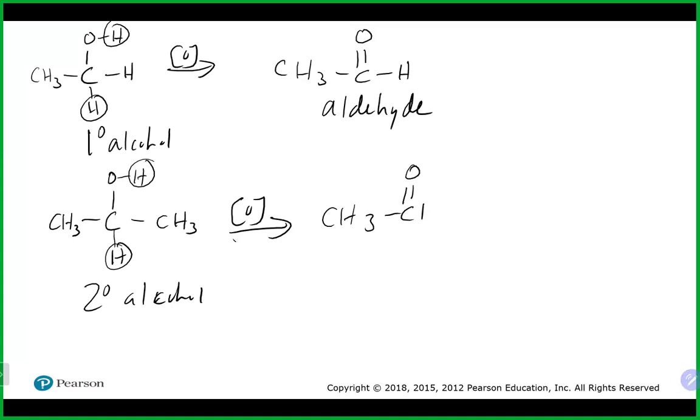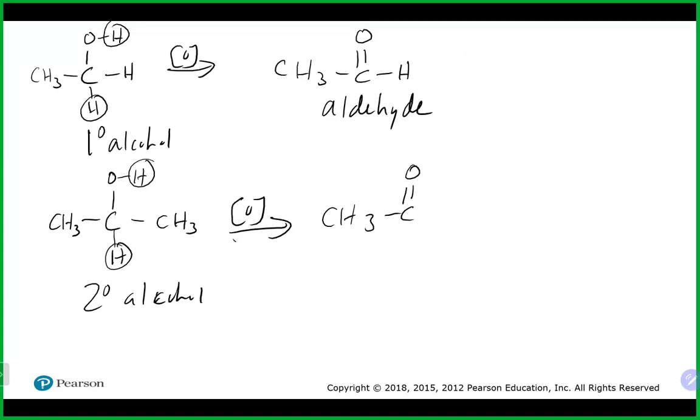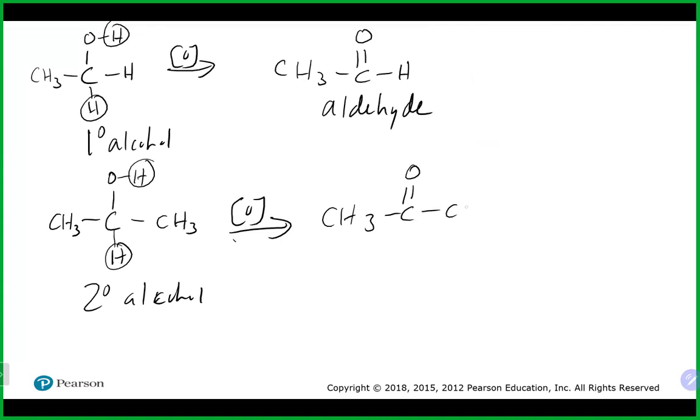And not a weird line that just came there that shouldn't be there. Let's get rid of our eraser here. Get rid of that guy. There you go. And obviously we have that right there, which is our ketone. So again, the oxidation of those alcohols is how we create each of these guys.